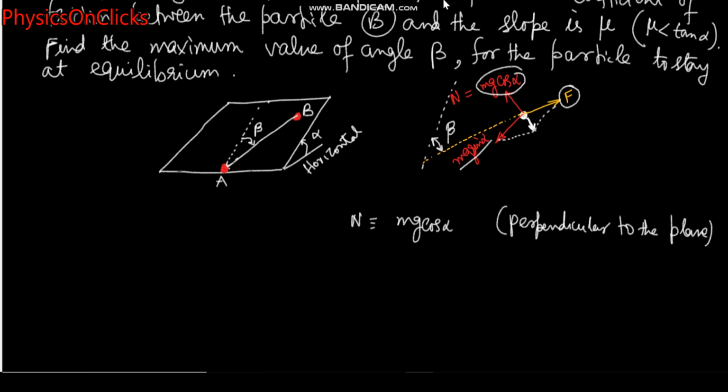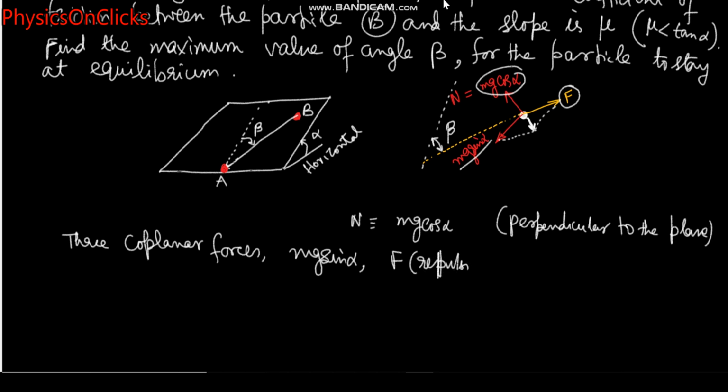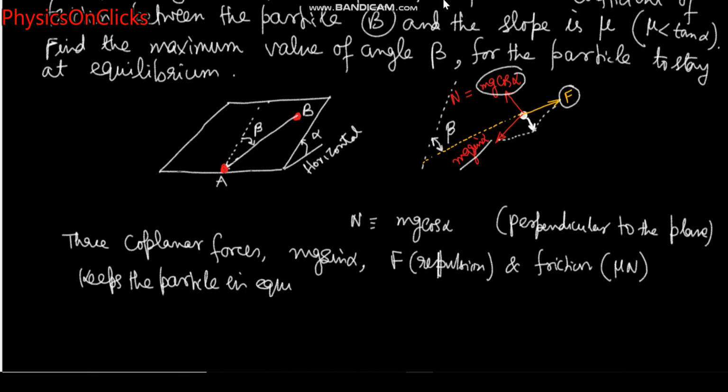Then the three coplanar forces are mg sine alpha, F, the repulsion, and the force of friction, which is mu times the normal reaction, the maximum force of friction, which keeps the particle in equilibrium.